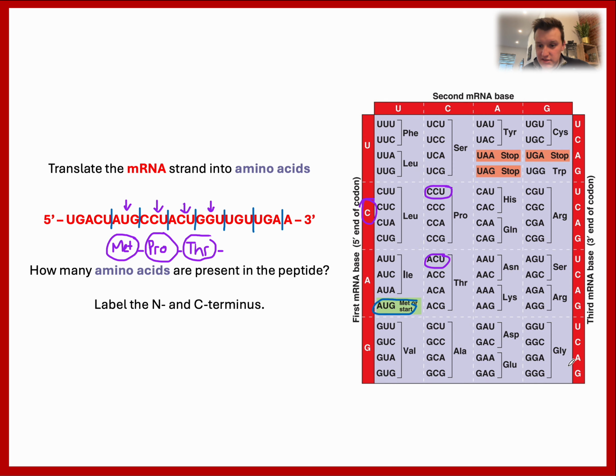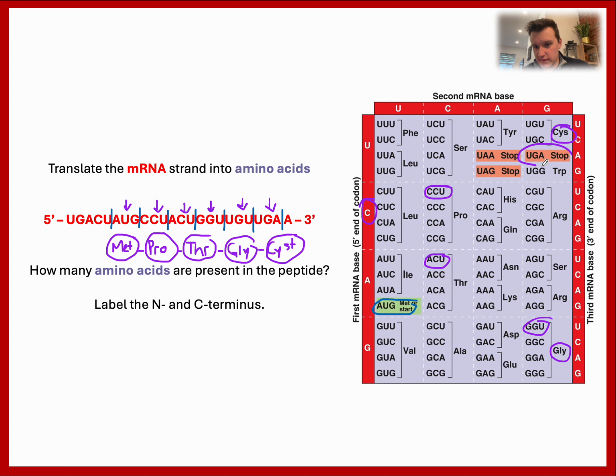So GGU is glycine, over here, glycine. Okay. Then we're going to go to UGU. UGU is the cysteine, right? Then we're going to go to UGA.